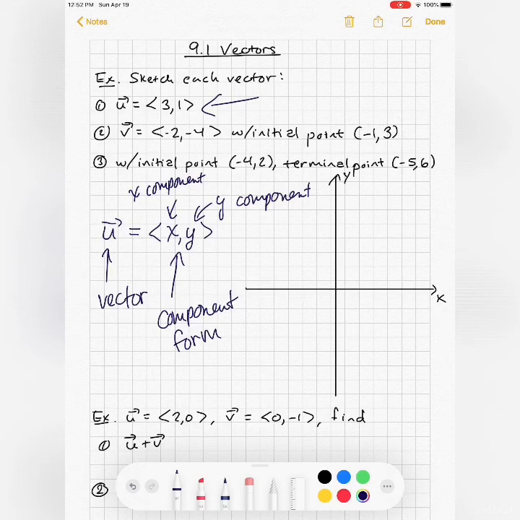Okay, so the first thing I want to do is sketch that first vector u. What does u say? u says go right 3 and up 1. I don't quite like the way I have the axis set up here.